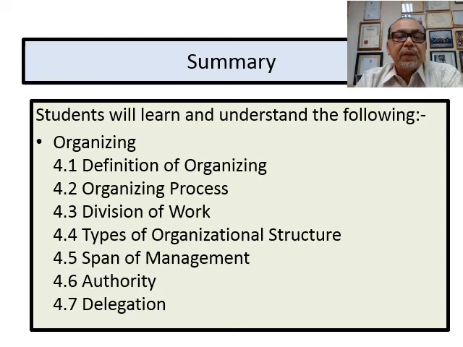Summary: students, today we talked about the definition of organizing and the process, division of work, or what we call division of labor, and types of structure. We already talked just now about linear structure and functional structure. Span of management is how big an area one person controls.